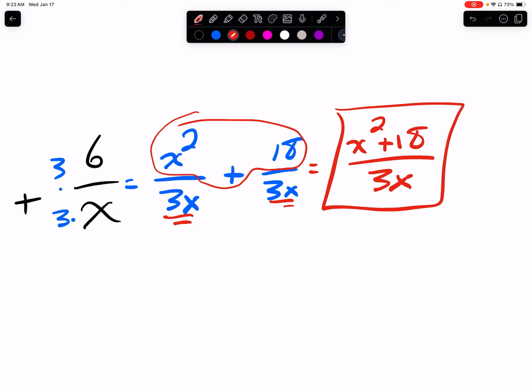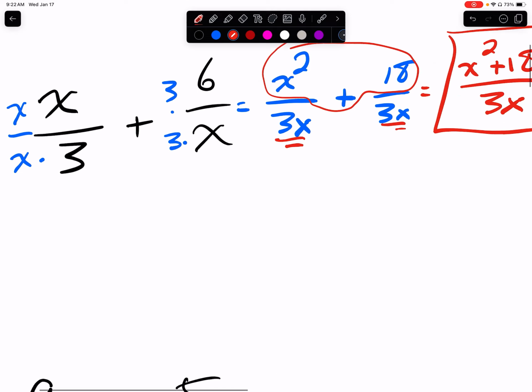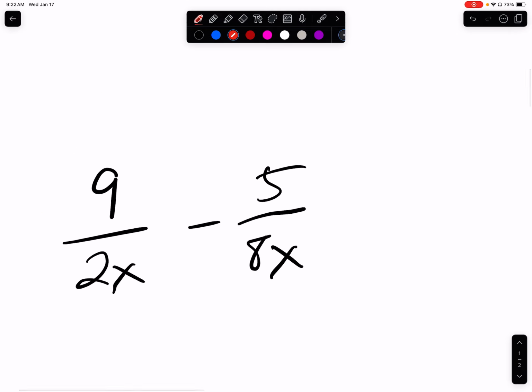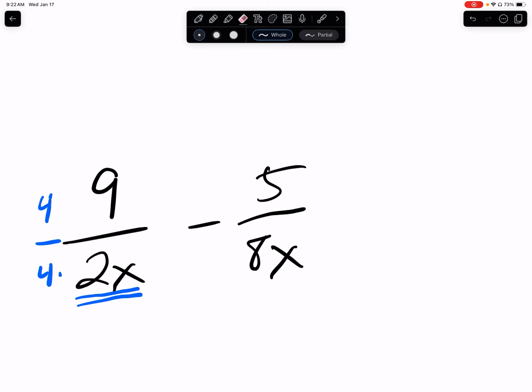So again, try to find a common denominator. So you'll see they begin to get a little bit more complex. Now we have numbers and variables. One trick that you can do, rather than multiplying by 8 over here, can I turn this 2x into an 8x? And the question is, yeah, if I multiply both the numerator and the denominator by 4 over 4, I can just leave the right-hand expression alone.